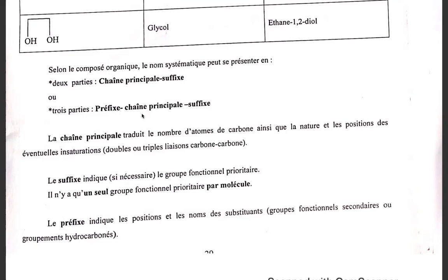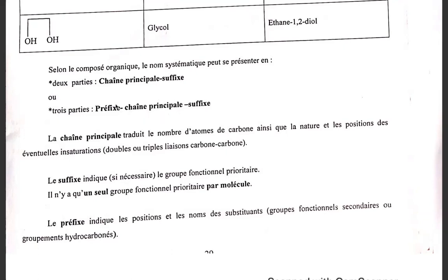For any compound in organic chemistry with 3 carbon atoms, there is a specific prefix we are supposed to use. So the prefix for 3 carbon atoms is prop: propane, propanone, prop anything. So the prefix is prop.